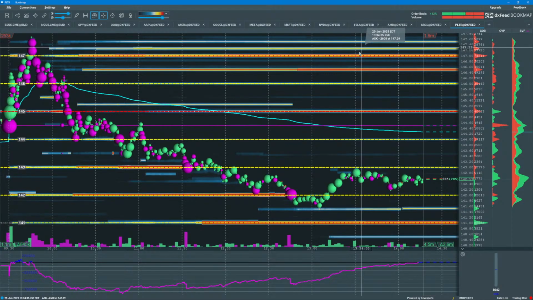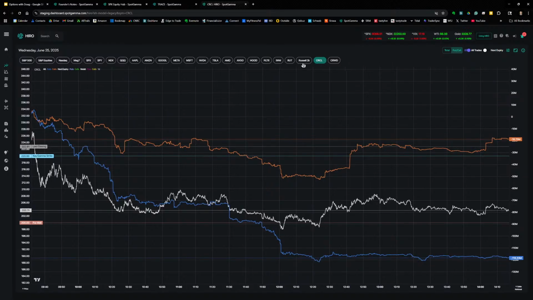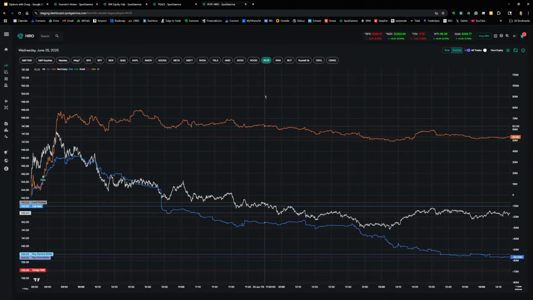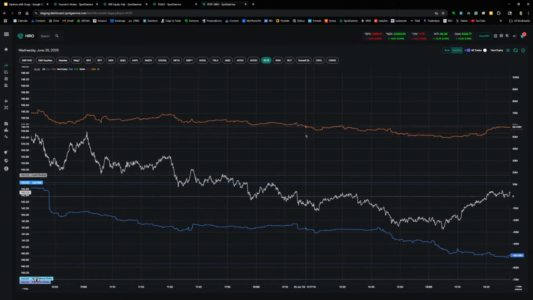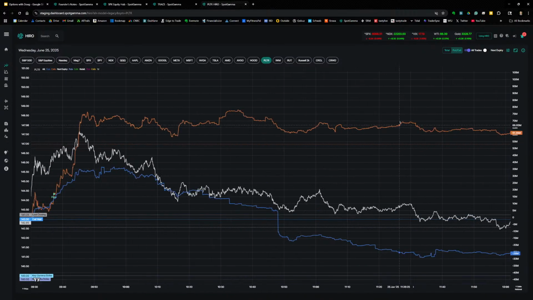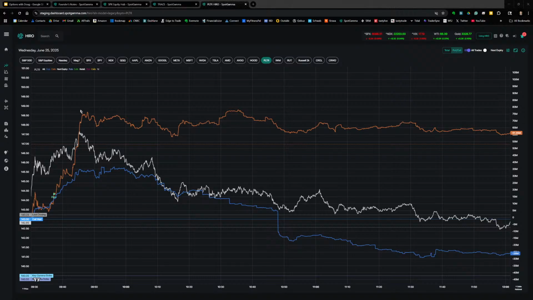Looks like traders taking profits. Let's see what options traders are doing. Go to Palantir. Very brief bullish opening drive. 945 lining up with the first call peak pattern in the indexes. Bullish opening drive. Options traders quickly take the foot off the gas.